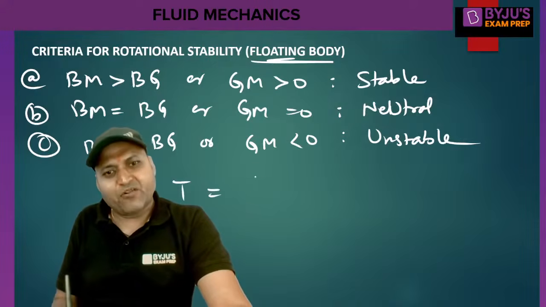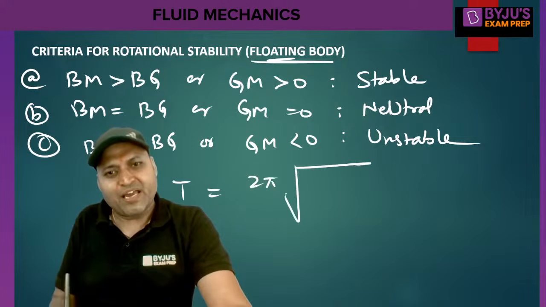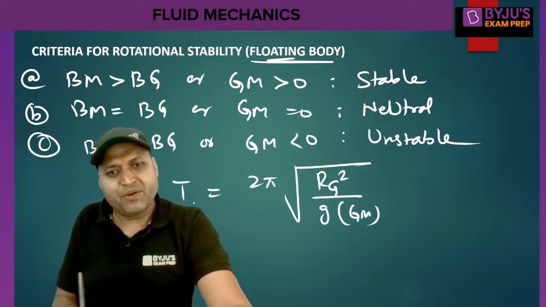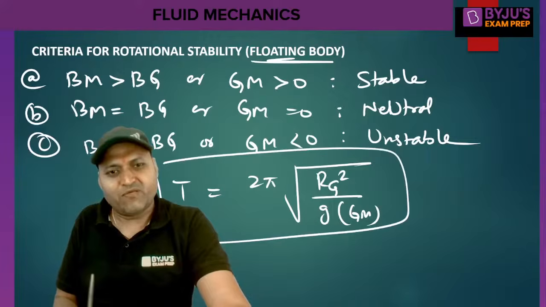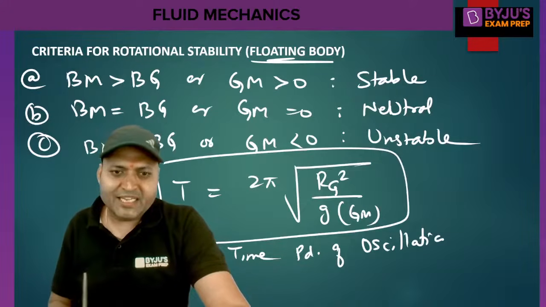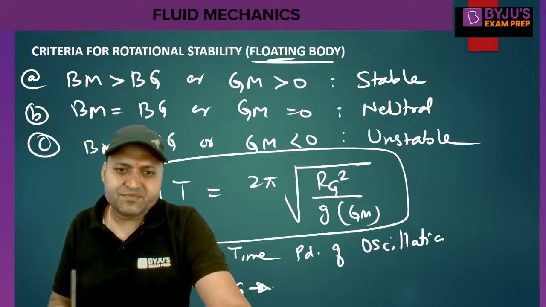And the time period of oscillation is given by T equals 2 pi under root of Rg square upon g into GM, the formula for time period of oscillation. Rg is the radius of gyration.